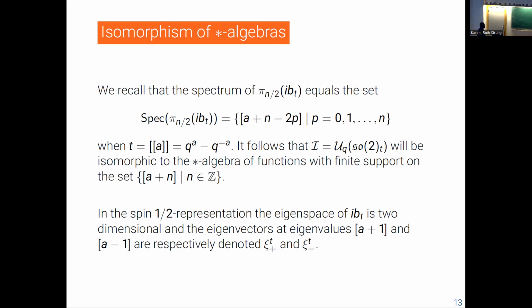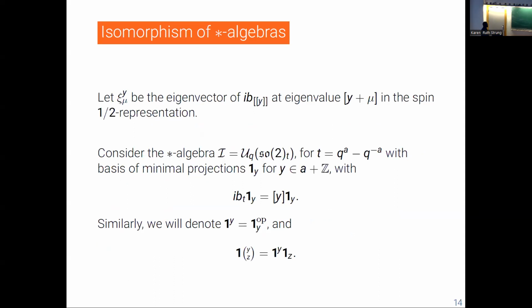Now we see that in the spin 1/2 representation, this IB has two eigenvectors, which we denote by psi plus and psi minus, corresponding to these eigenvalues here, A plus 1 and A minus 1. Now we denote by psi mu y the eigenvectors of IB at this eigenvalue here in the spin 1/2 representation.